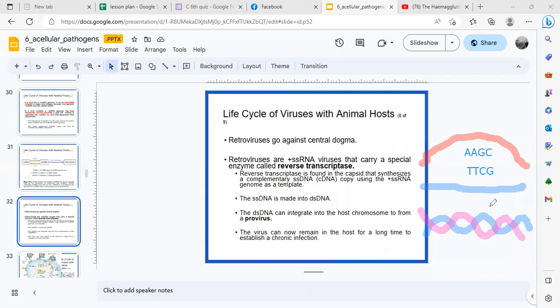Magiging viral DNA siya. Tapos, kung meron kang host DNA, so ibahin natin yung kulay. No? So may host DNA ka. So papasok itong viral DNA.